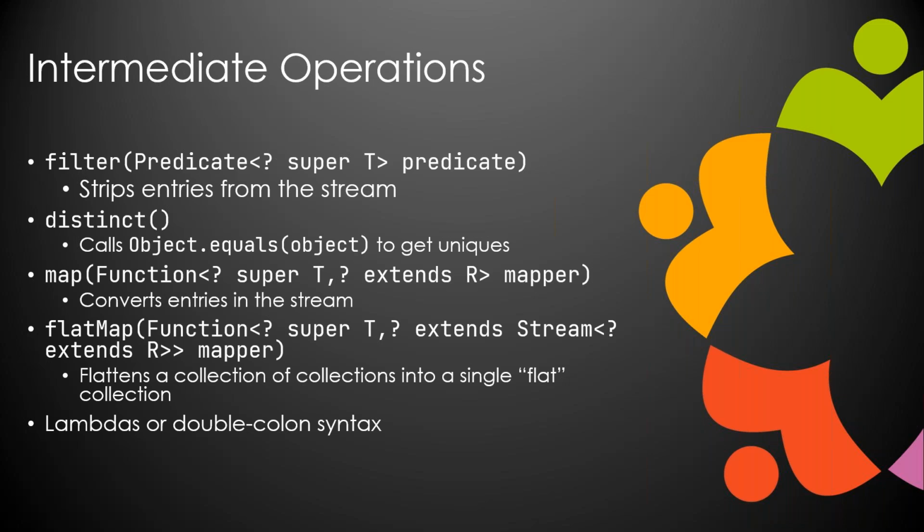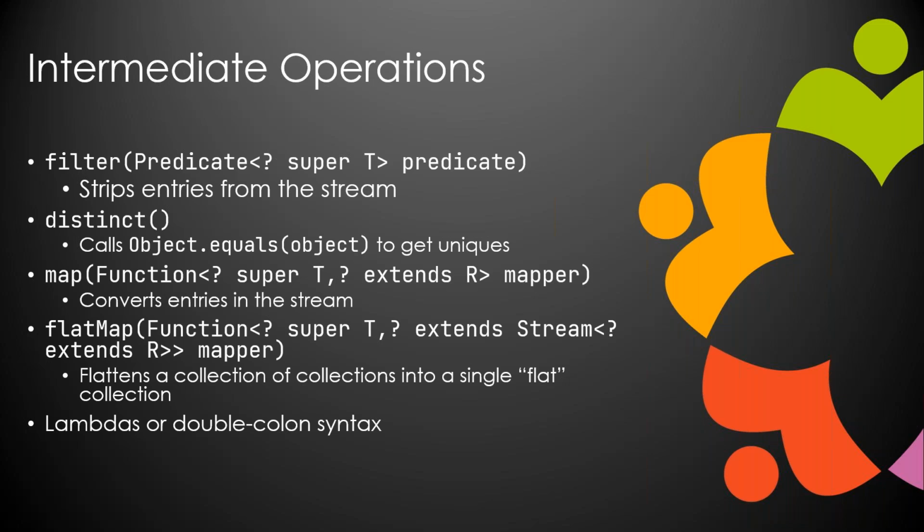Map, this is confusing, and this confused me for quite a while with Java streams, and it still does. This is nothing to do with map classes. This is to do with mapping the incoming value to an outcoming value. It's basically a transform.